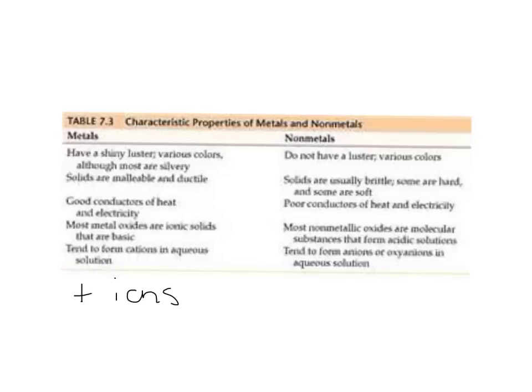Versus nonmetals, they don't tend to have luster, they tend to be dull. Most of their solids are brittle, meaning they kind of crumble, though many of them are liquids or gases at room temperature. They're very poor conductors of heat or electricity. They tend to be insulators.